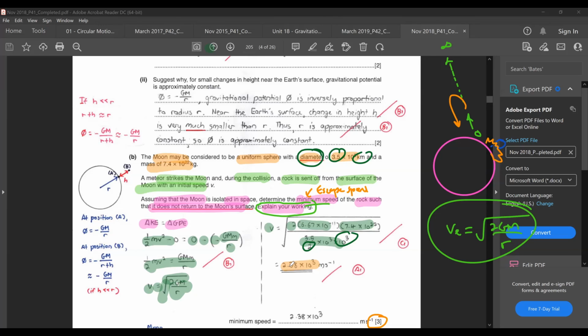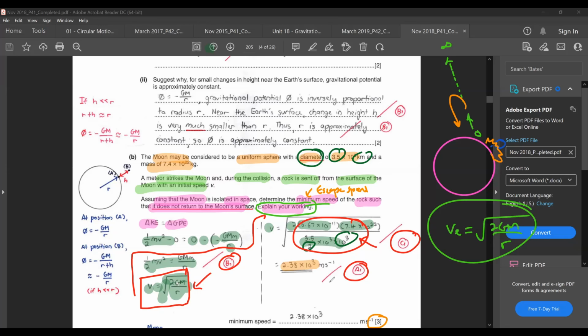Right, from what the marking scheme actually indicated, it seems like you actually don't need to derive it. This one is a B1 mark. The B1 mark is you writing this equation for escape speed. Your C1 mark is you subbing in the correct values.